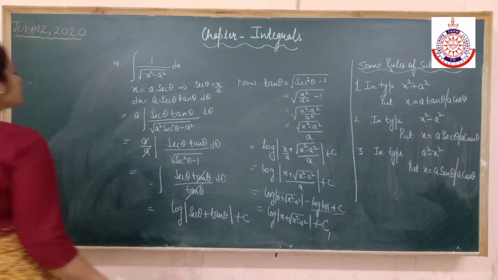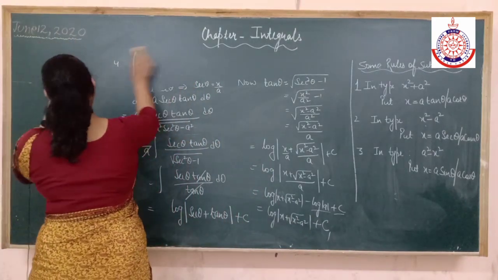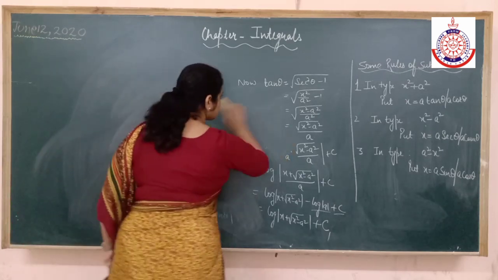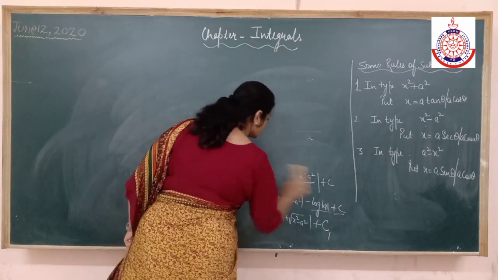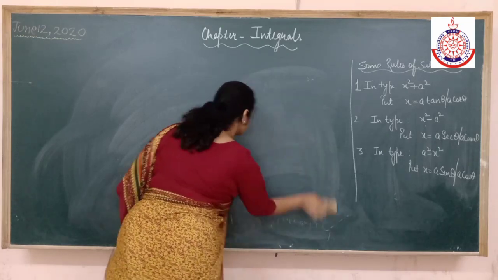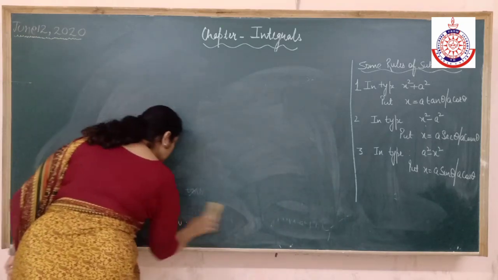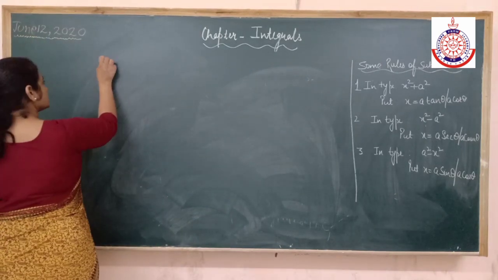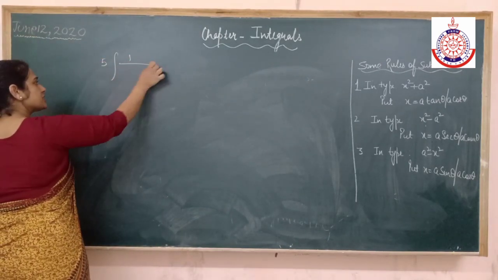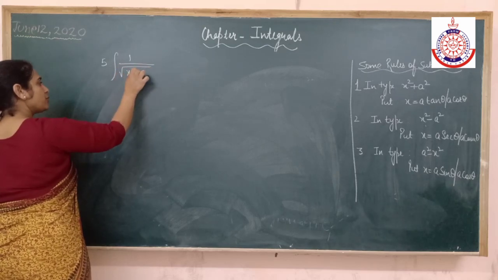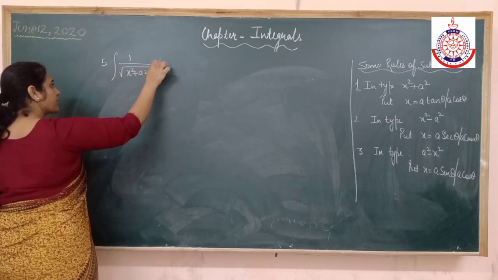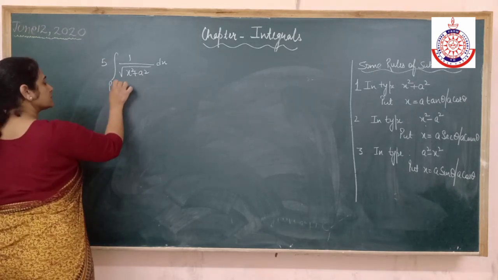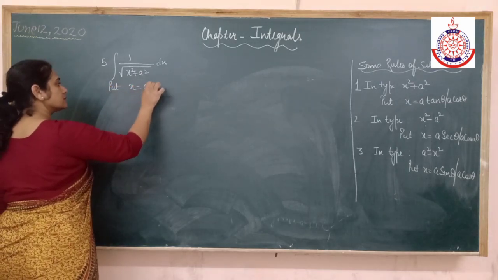The same way we will do the next one. Fifth one, that was integration of 1 upon under root x square plus a square. Which form? The first one.